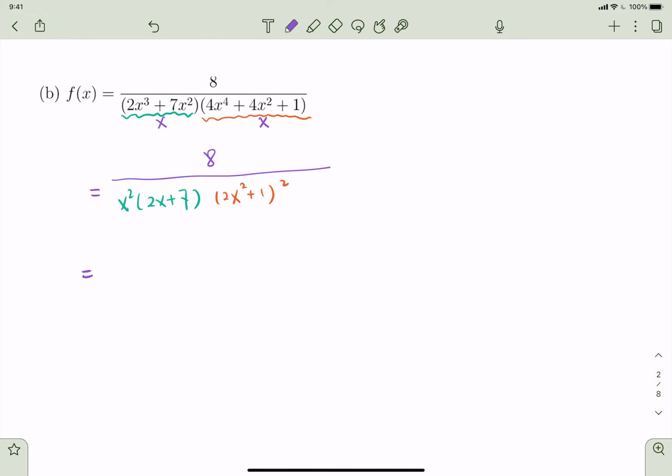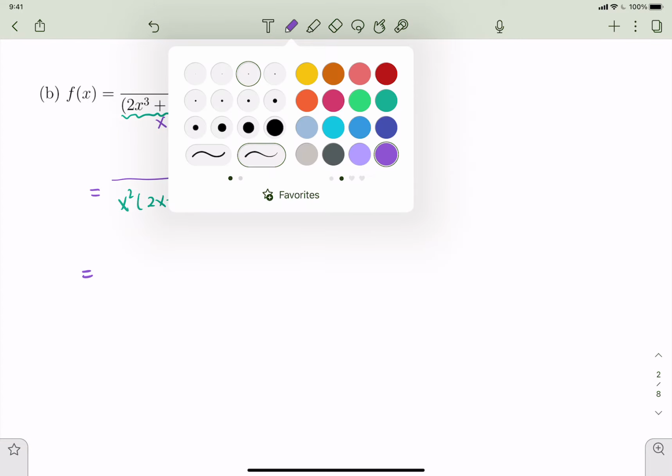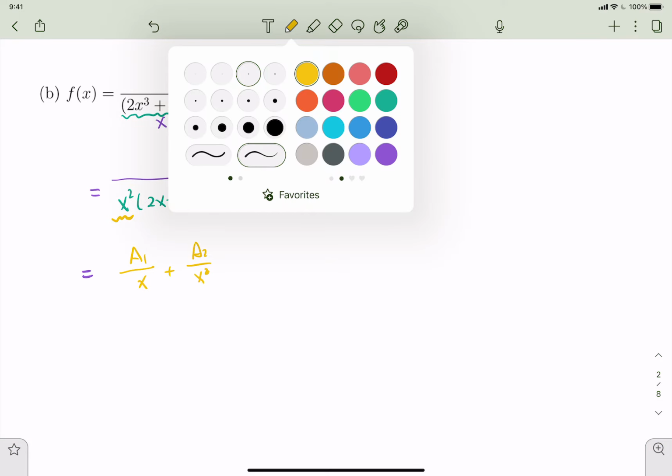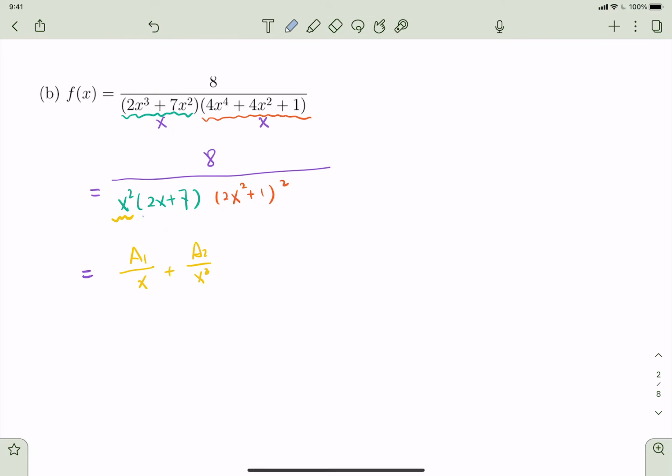Right. For the first factor here, this one here, right, we're gonna have a1 divided by x plus a2 divided by x squared. And for the second term here, we're gonna have a3 divided by 2x plus 7, okay?